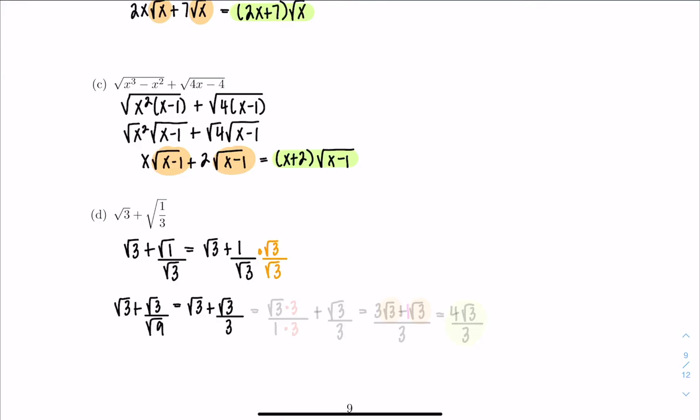We can't combine these together unless we have the same denominator. And so that means we need to have a 3 on the bottom of the first fraction.